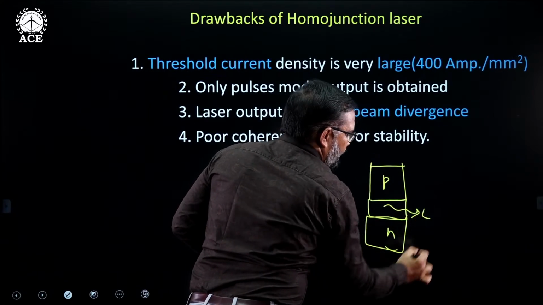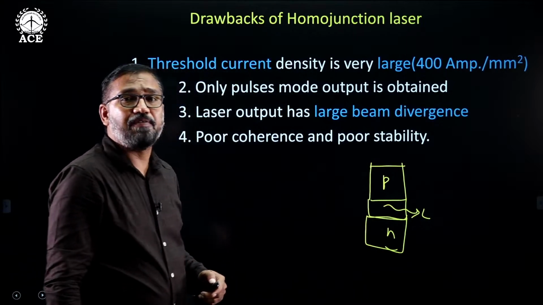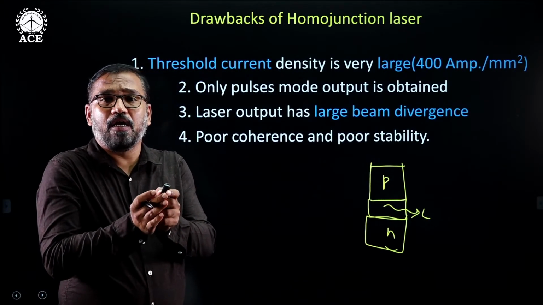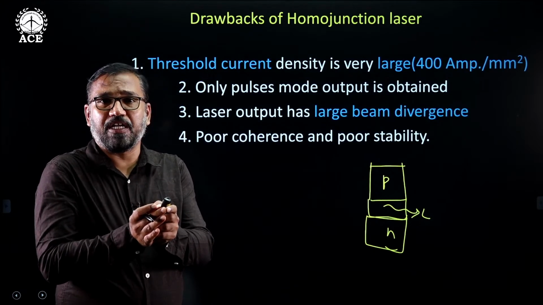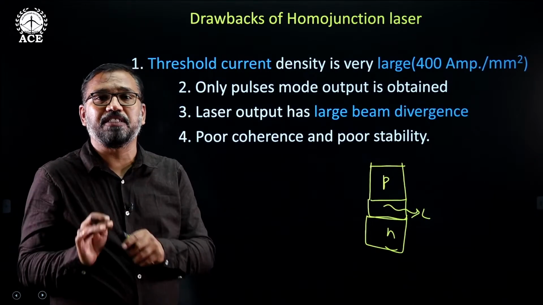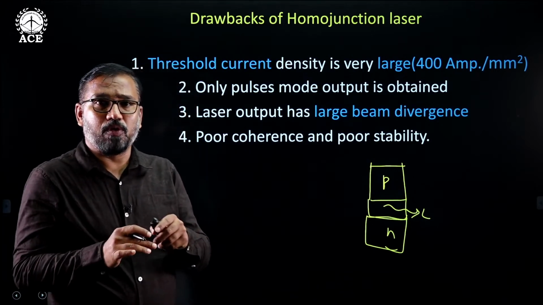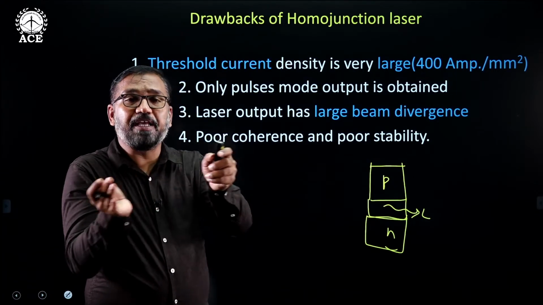The laser emitted from the junction has more divergence, meaning it doesn't maintain unidirectionality for a longer time. It loses its direction and spreads more.